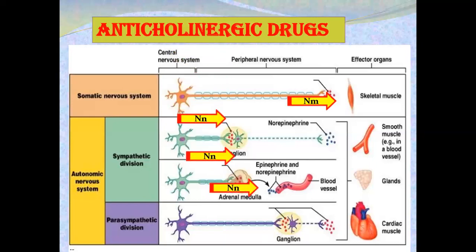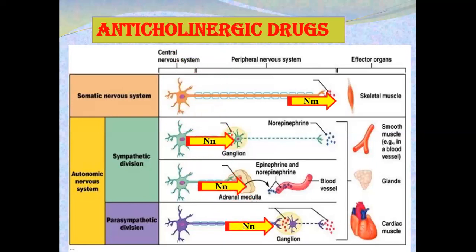Then the non-muscarinic agents work at the ganglion, the adrenal medulla, and also before the parasympathetic cell junction, and also in the sympathetic at the cell junction. Again, in the parasympathetic system, it works after the cell junction at the point of the effector organ, in this case, the heart.